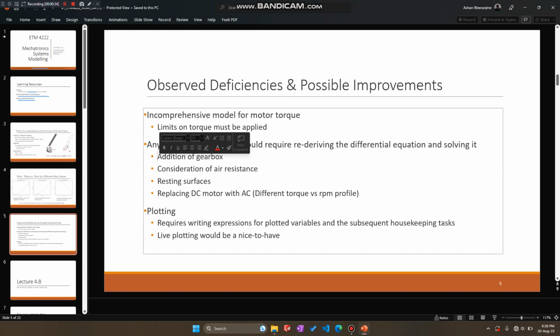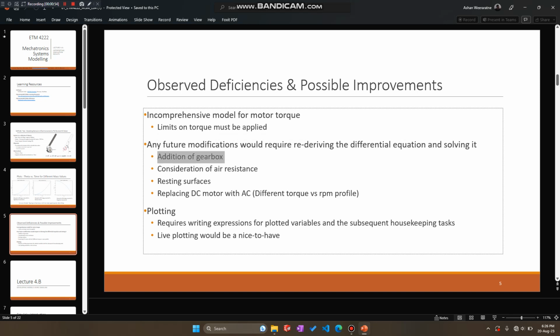One such case would be the addition of a gearbox. Now we can add the gearbox to increase the torque of the motor output while reducing the RPM in an inversely proportionate manner.